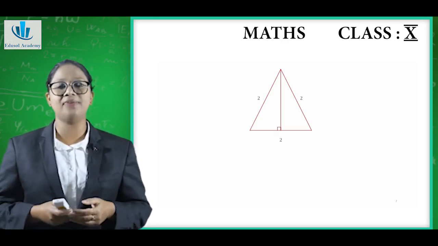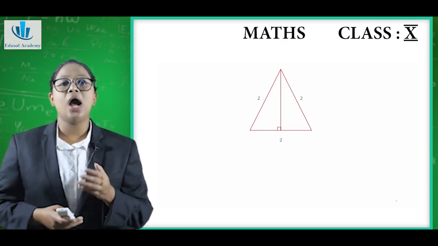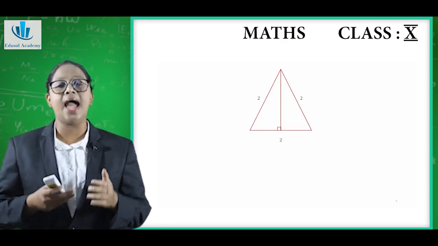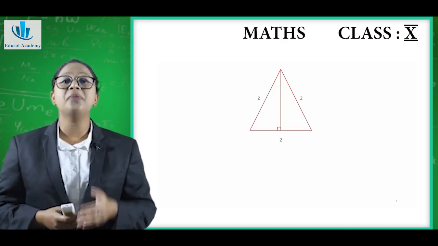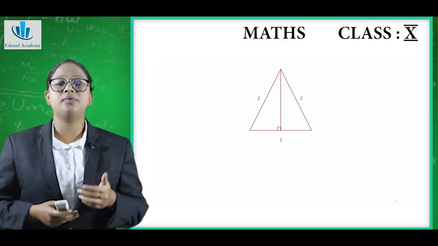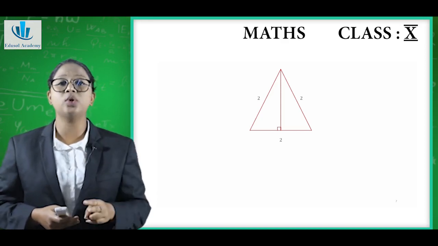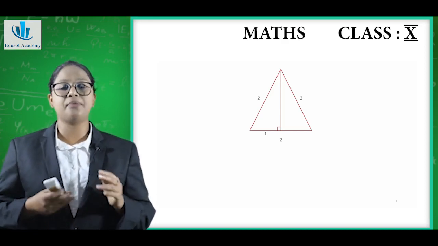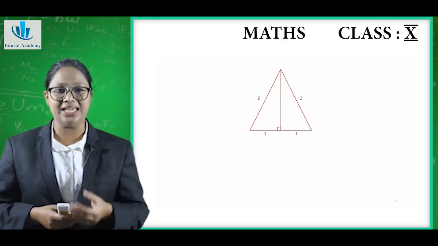That is a property of equilateral and isosceles triangles. So the height will act as the angle as well as the side bisector. We can see that the height we drew just now will be bisecting the base of 2 units into 2 separate units of 1 each.